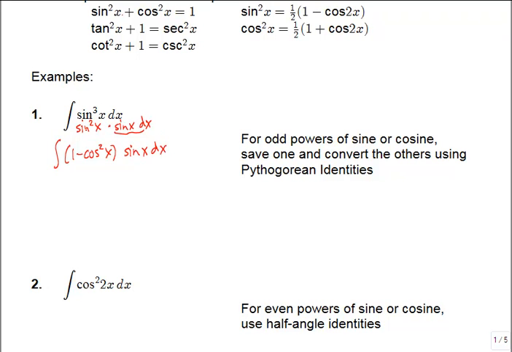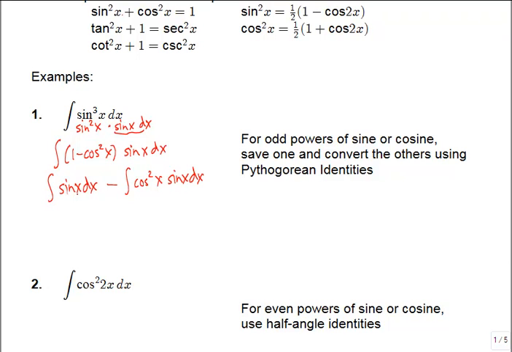I converted 2 of my sines to cosines, and I saved one of the sines on the side. Now if we break up this integral into 2 different integrals, 1 times sine x dx is just sine x dx, minus the integral of cosine squared x times sine x dx.